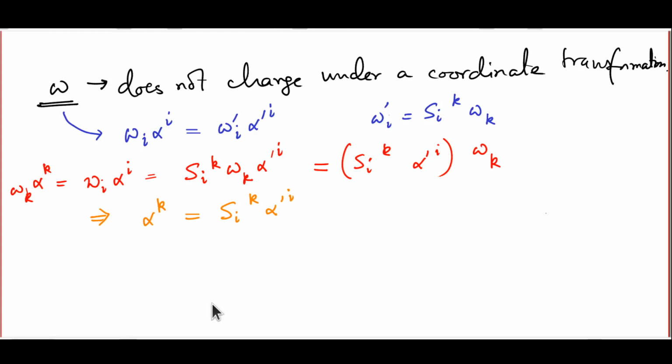The only problem is, what we have got is a formula which gives us the old covector basis in terms of the new ones, whereas what we actually need are the alpha primes in terms of the alphas.